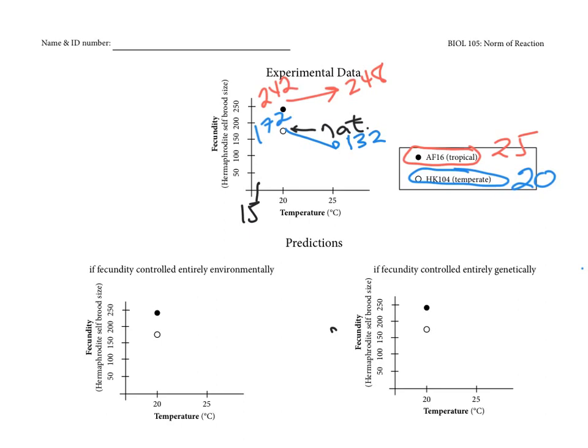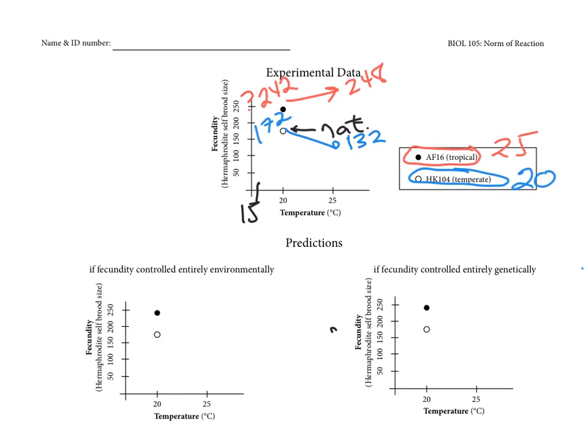So what do you think would happen to AF16, the red one? You grow up at 5 degrees cooler, from 20 degrees to 15 degrees. Maybe it might be a little lower. It could change. Might be a little lower. Maybe still up there.